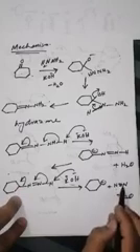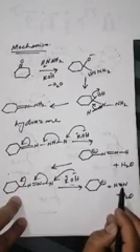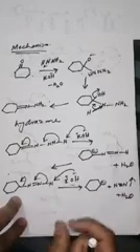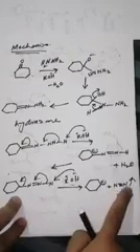What is this N triple bond N? This is nitrogen gas. It evolves from the system. And this carbanion will get a proton from the aqueous medium, and finally you will get this compound.